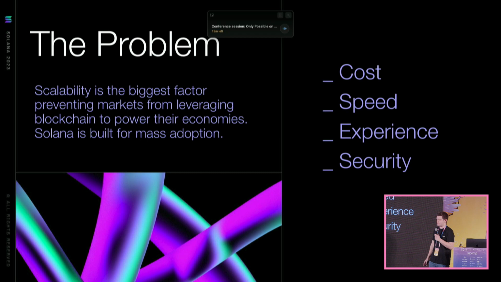What we usually see, though, is that a lot of other blockchains run into a scalability problem. Whenever they get any amount of users, the gas fees start going up. You can't actually use this in most countries around the world because people can't afford to use the blockchain. So Solana is trying to solve the scalability factor.